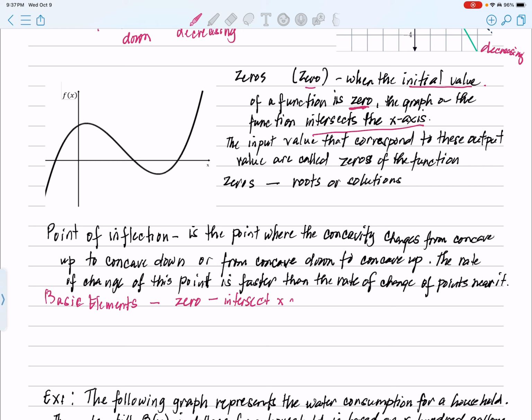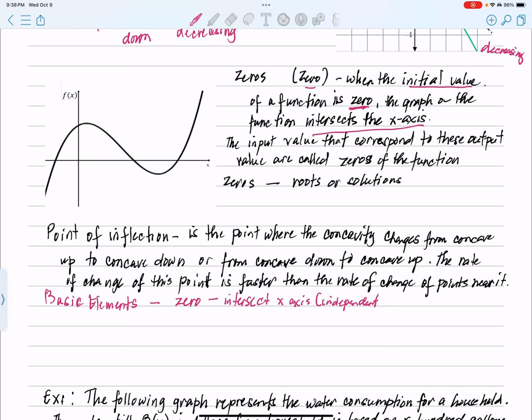So what is our x? That is the independent value, okay? And this is the input.